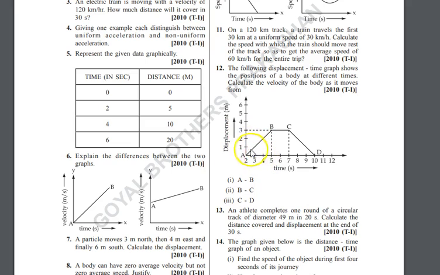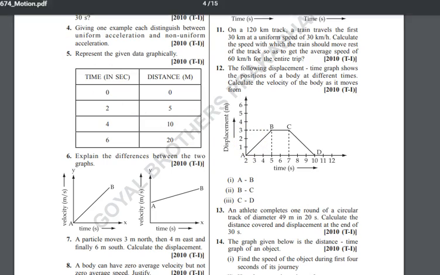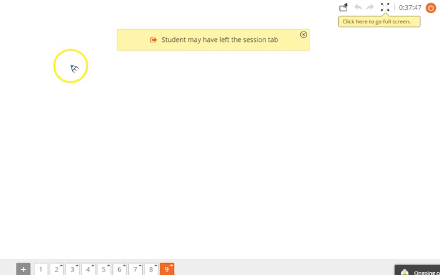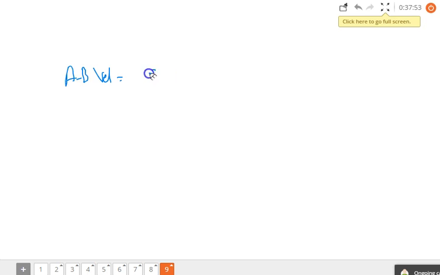Here, what is the distance between A and B on the graph, this line? On the y-axis, 3 minus 0, as A point is 0. AB velocity I am calculating, which means displacement by time.